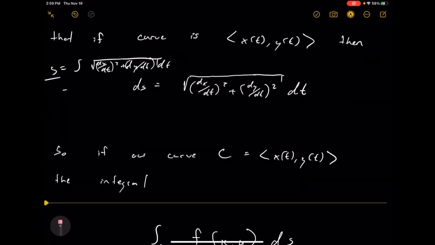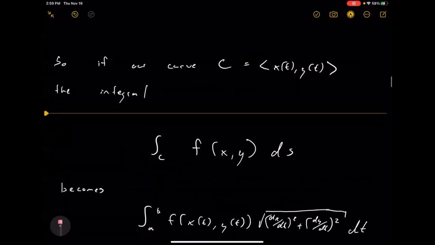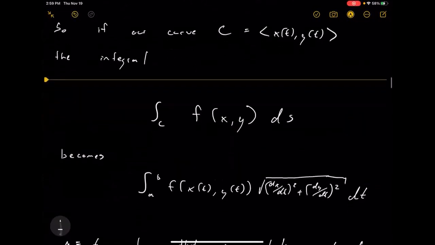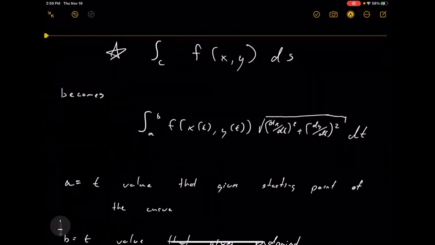So what does this mean for our integration along these curves? If I want to integrate my function along a curve C, where C has a parametric description like this, C equals x of t, y of t, then my integral, which I've written symbolically here, I'm going to be able to rewrite as follows: the ds is going to be replaced with this, right?